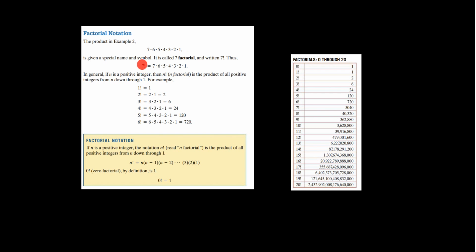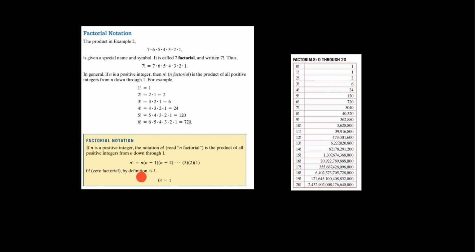And that exclamation point means you start at that number and multiply everything all the way down from there. So 7, and again the word is factorial, 7 factorial, you just do 7 times 6 times 5 times 4 times 3 times 2 times 1. And of course you can see how it behaves with all these numbers, right? 4 factorial, 4 times 3 times 2 times 1, and so forth. And that's all factorial notation is.